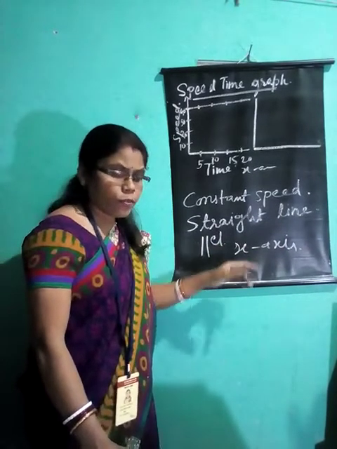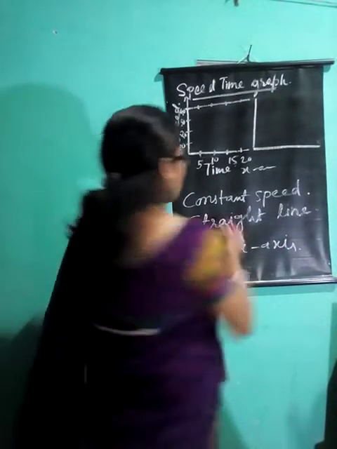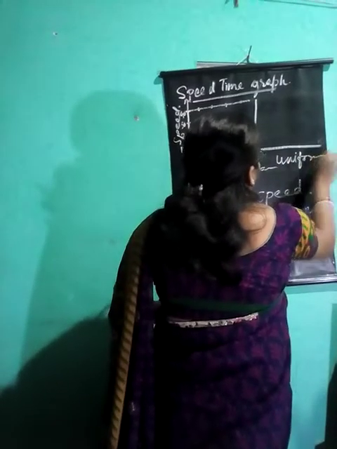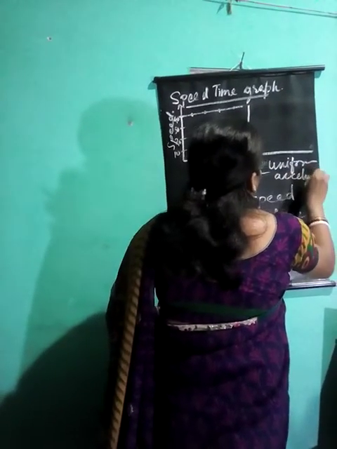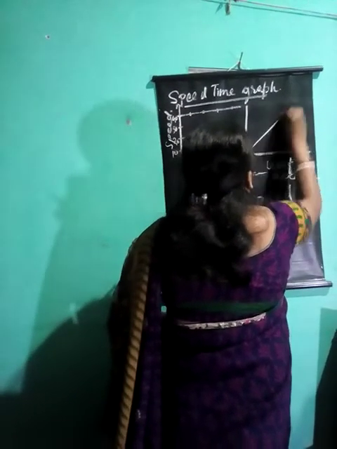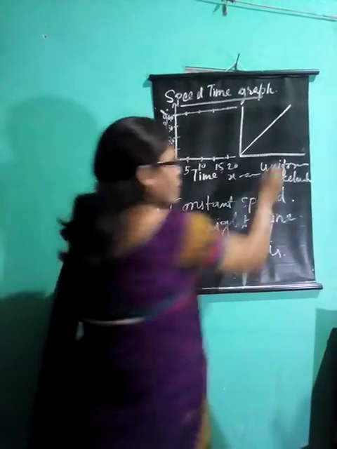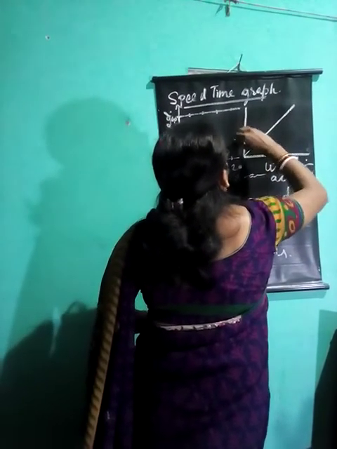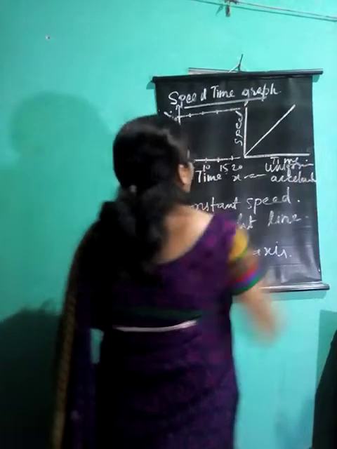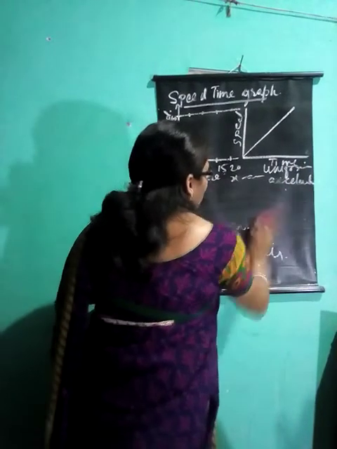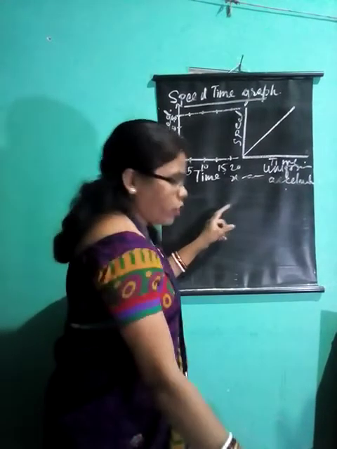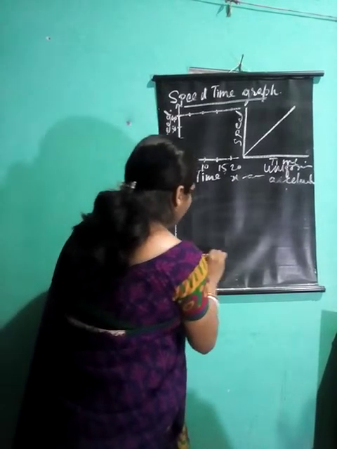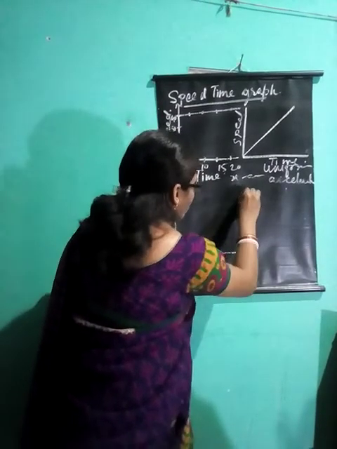Got it? Now for uniform acceleration, in this case also you are having a straight line graph. This way. Here time and here the speed. So the graph is in this way. Mark out the graph properly because this is important from the point of view of examination.